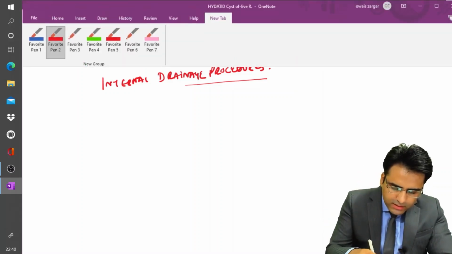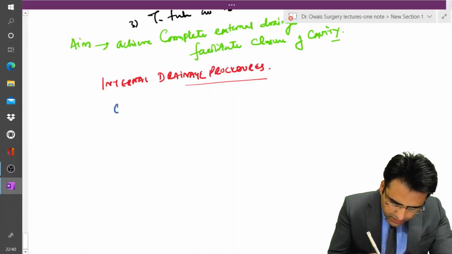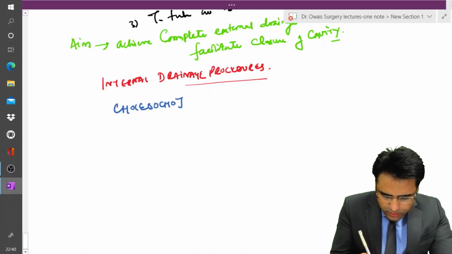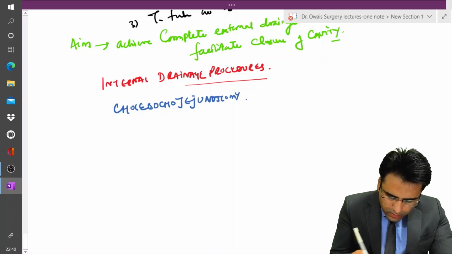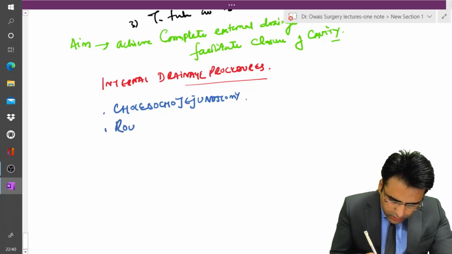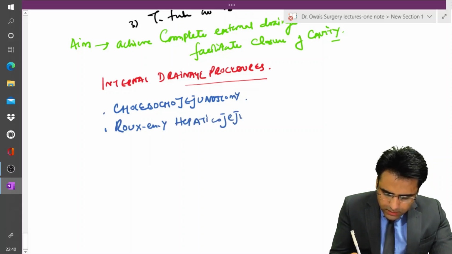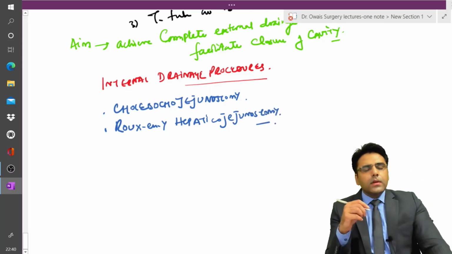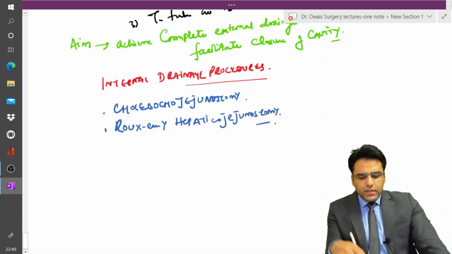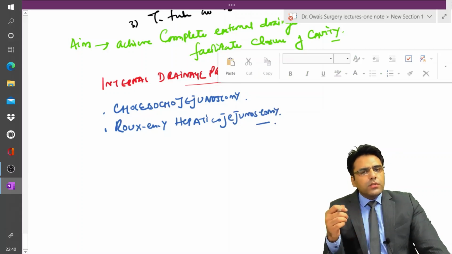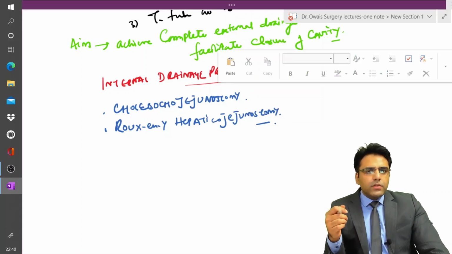How is it achieved? By choledochojejunostomy, or we can go for Roux-en-Y hepaticojejunostomy. Clear? So internal drainage procedures include choledochojejunostomy or Roux-en-Y hepaticojejunostomy.